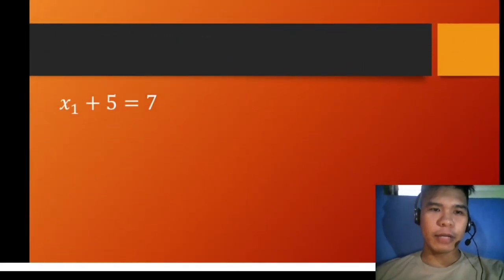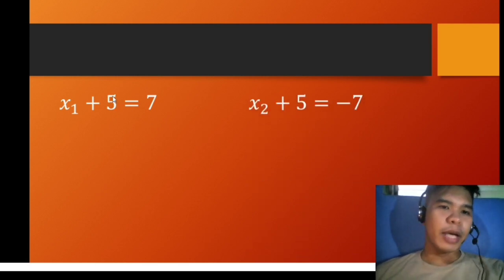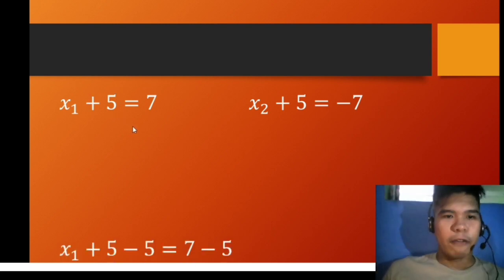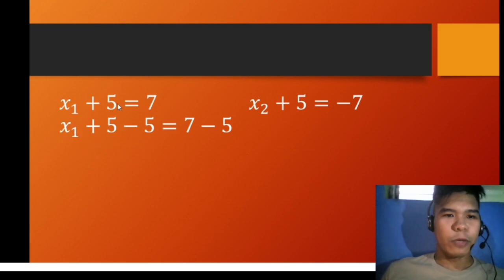So we're going to solve these two linear equations separately here. Okay, going back, x sub 1 plus 5 equal to 7, and x sub 2 plus 5 equal to negative 7. Again, isolate x sub 1 by making this term 0. So since this is positive 5, we subtract 5. So that is x sub 1 plus 5 minus 5, again, equal to 7.